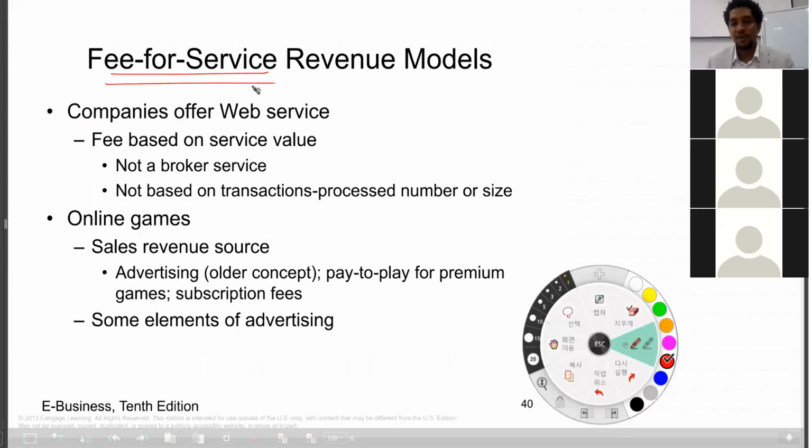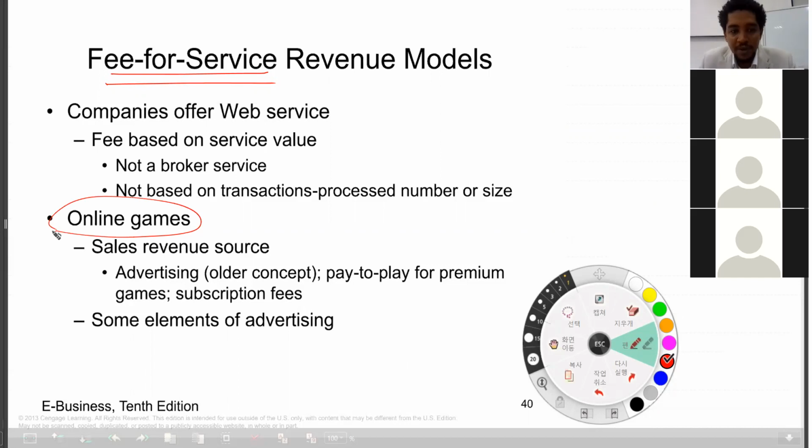And this is the other one. Fee for service, okay? The previous one is fee for transaction, and this is fee for service. There are web businesses who use this revenue model, who charge fees based on the services they deliver to their customers. One famous example would be online games. To play online games, you have to pay, right?